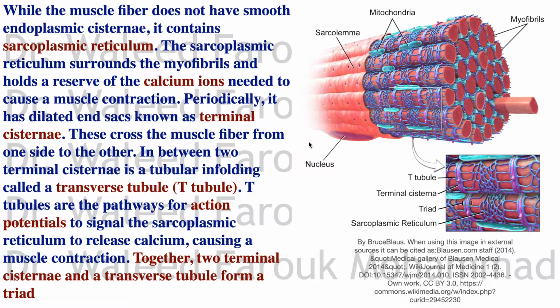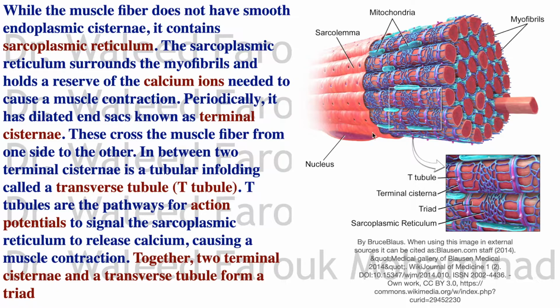Now, as mentioned before, the muscle has sarcoplasmic reticulum. The sarcoplasmic reticulum surrounds the myofibrils, or the actin and myosin, and its function is to store the calcium ions needed for contraction.